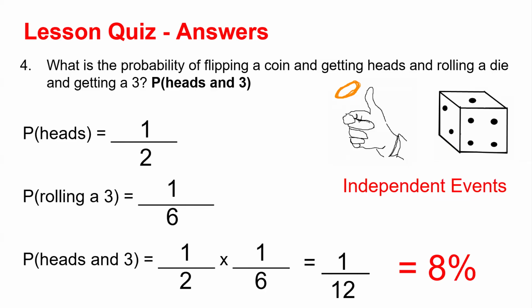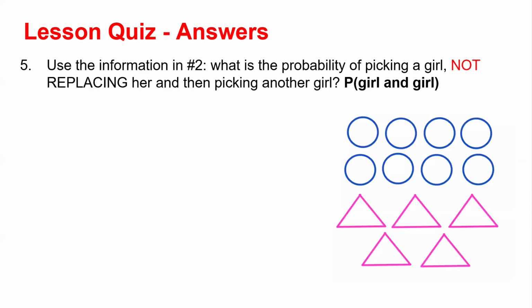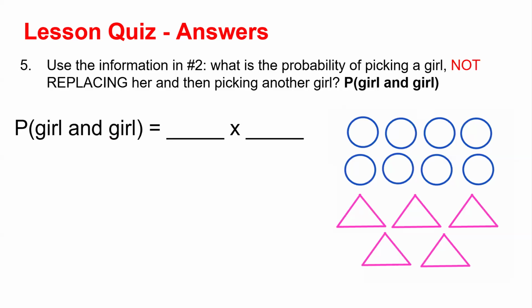And the last one, number 5. Using the information in problem number 2, what is the probability of picking a girl, not replacing her, and then picking a second girl? Probability of girl and girl when these events are not independent. So we'll take a look. Probability of girl and girl, we're multiplying probabilities.